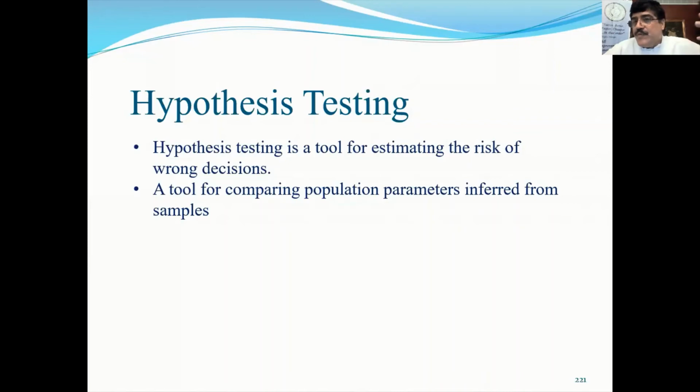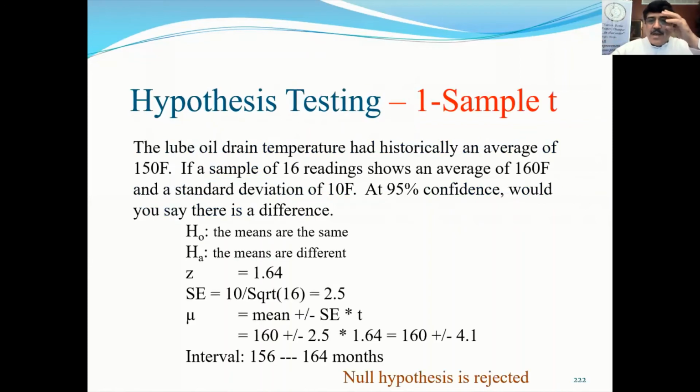Let's say you do an improvement in something. You say, now I have improved and my data is different than it was in the past. The null hypothesis is that there is no change. And if you want to say that there is change, you have to prove to me that there is a change. So the null hypothesis is always the equality. They're equal. That's what the null hypothesis is.